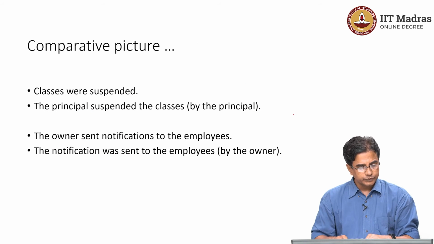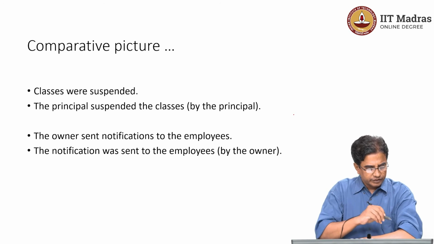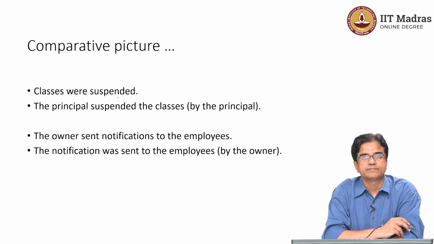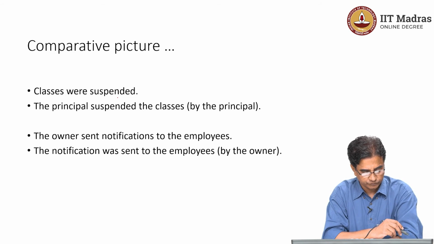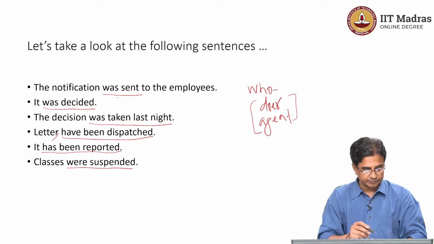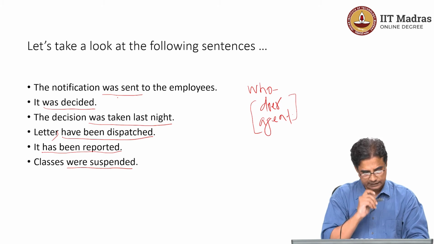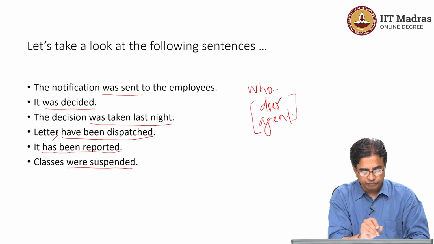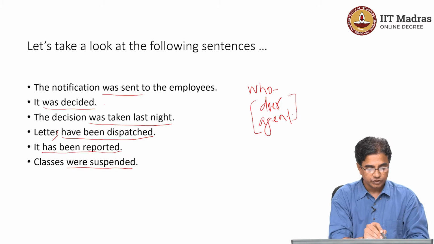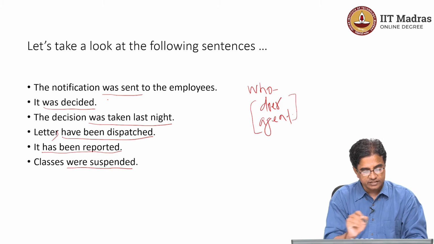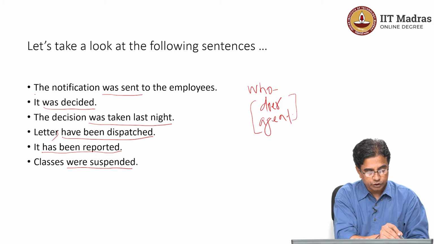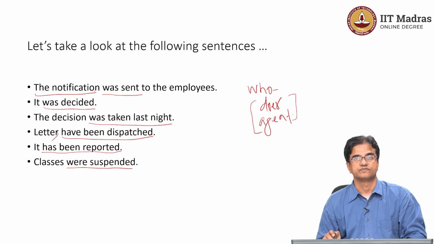So, look at this. When we say classes were suspended, as we have seen in the previous examples, that when we say the notification was sent to the employees, we are not saying who sent, we are bringing the notification into the focus.